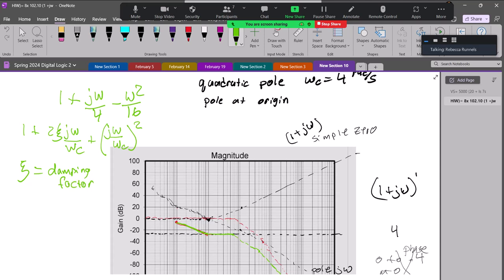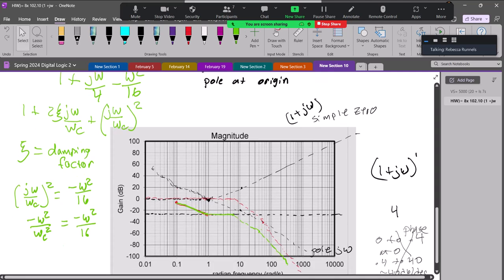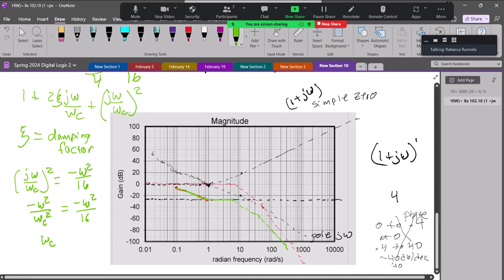And so I start by finding my corner frequency. I start by saying j omega over omega c squared equals minus omega squared over 16. So I go to my omega squared term. j squared is minus 1, so that's minus omega squared over omega c squared equals minus omega squared over 16, which tells me omega c has to equal 4.